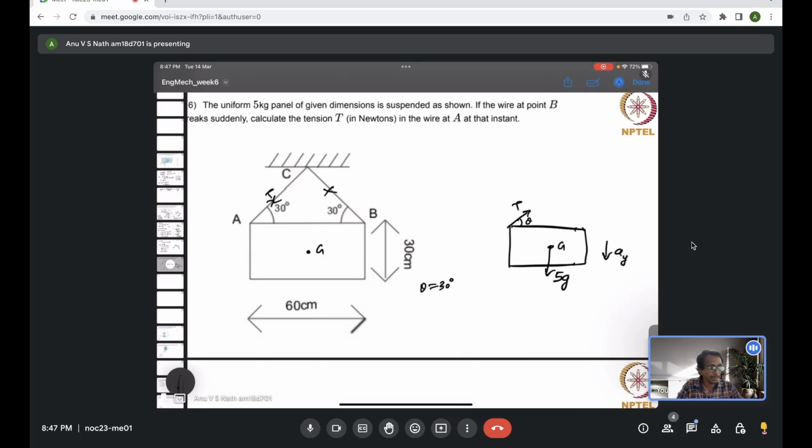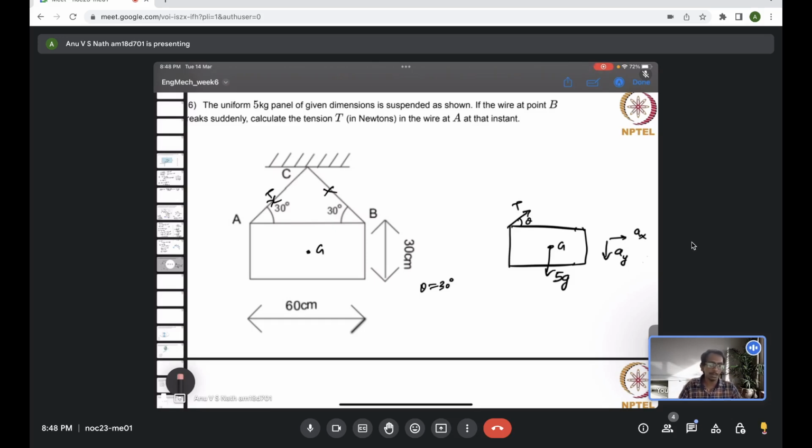We can also see the T cos theta component doesn't have a balance in the x direction, so it is not equal to 0, and it will create an acceleration of the center of mass in the x direction. Because of this, there will be a resultant acceleration this way, and the center of mass will anyway move in that direction. Intuitively you can think that, right?